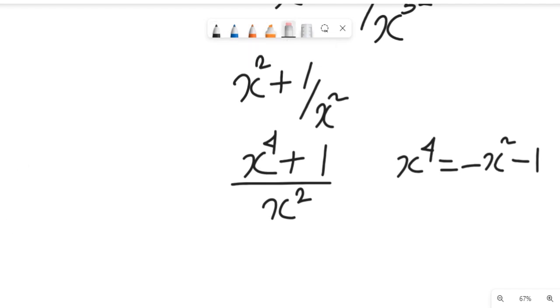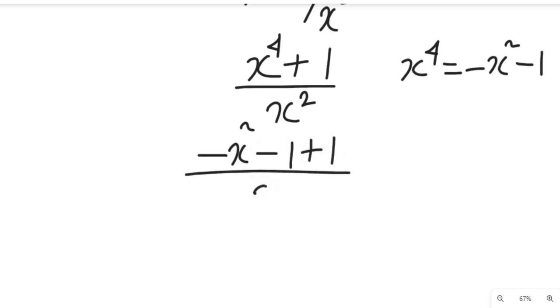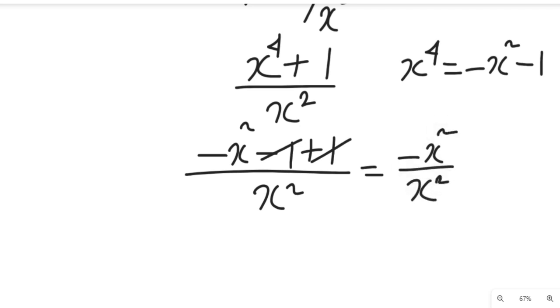So if we apply that here, we're going to have the value to be equal to minus x squared minus 1 plus 1 all divided by x squared. This will clear this, and then we'll be left with minus x squared divided by x squared.